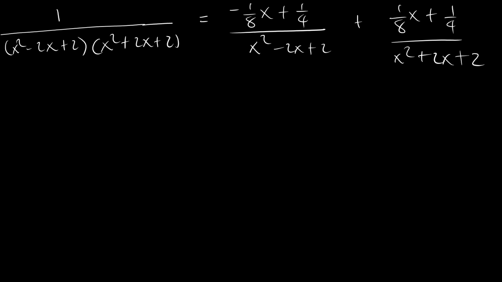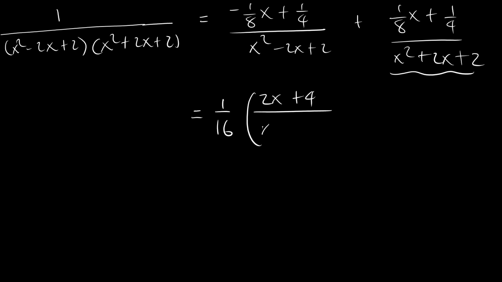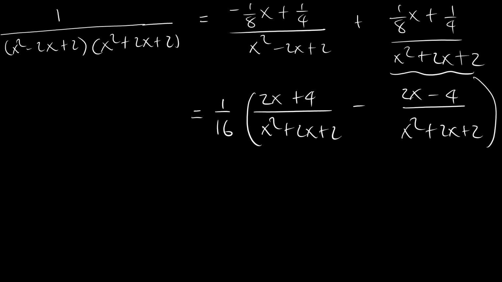So that's a good point we're at. And so this is the same as 1 over 16. And I will bring this fast. So we have 2x plus 4 over x squared plus 2x plus 2 minus 2x minus 4 over x squared minus 2x plus 2. Okay.